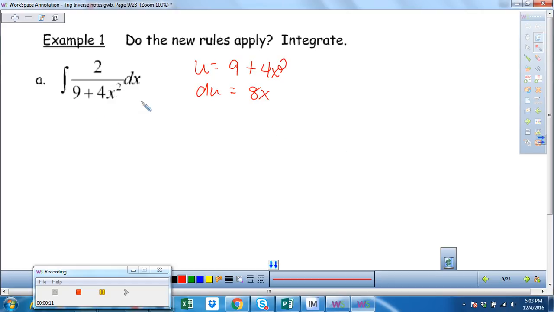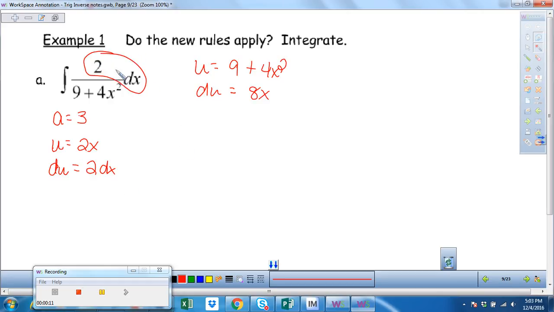So let's see if it is an arctan. Well, if it's arctan, then a is equal to 3, and u would be 2x. So if u is 2x, we still have to figure out what du is. So du would be 2 dx, and we have 2 dx in our original problem.